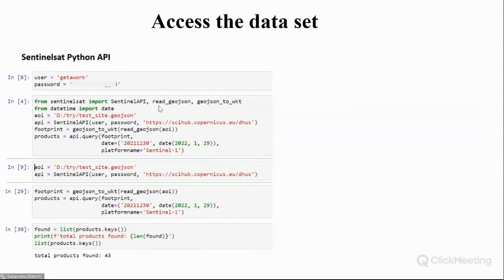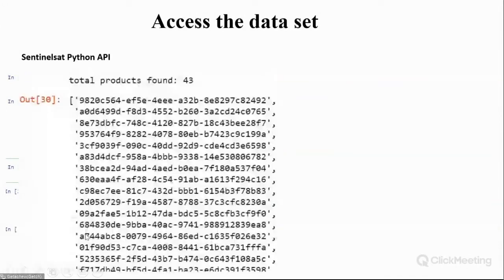So using this API, you can do a summary of available data. You can screen, you can select by using many criteria existing in the package. For example, after selecting specific data, if you want to see how many data sets you have, if you say products.keys, it will give you a list of data sets with their keys.